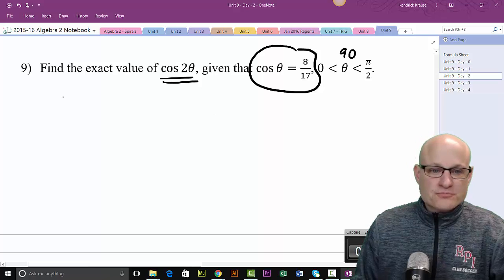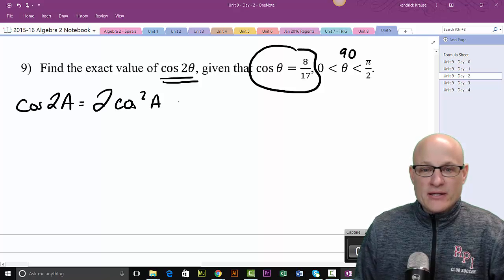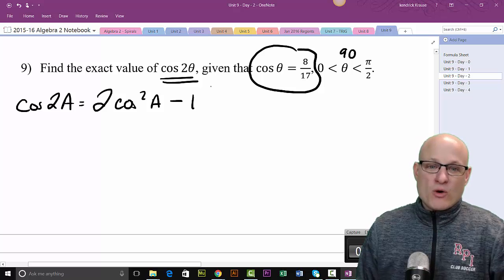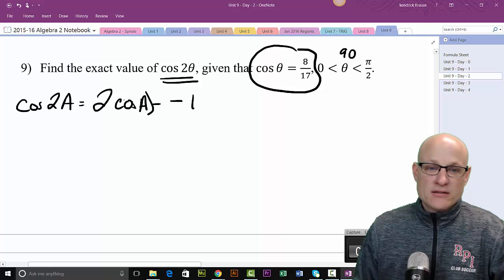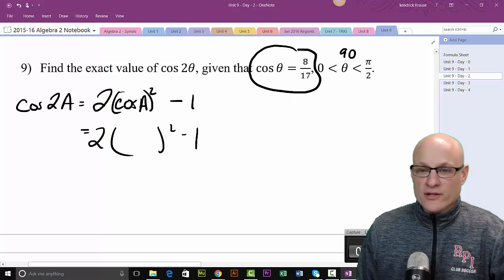So cosine of 2A, I'm going to use the 2 cosine squared A minus 1. But what this thing really means is it's the cosine of A, squared. So I'll come in here and go, okay, you tell me what cosine is. Oh, it's 8 over 17. Okay.